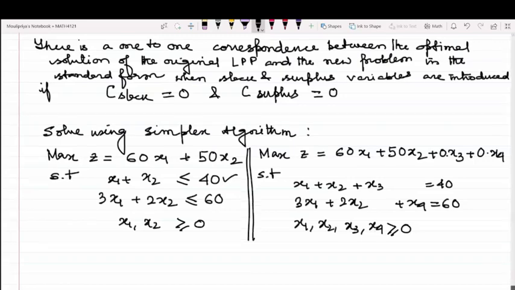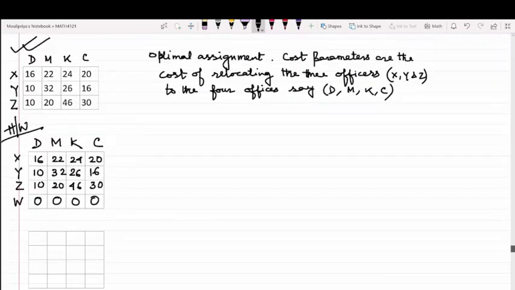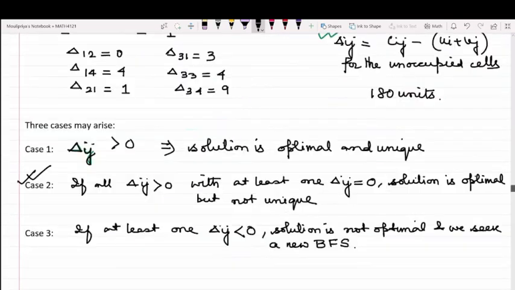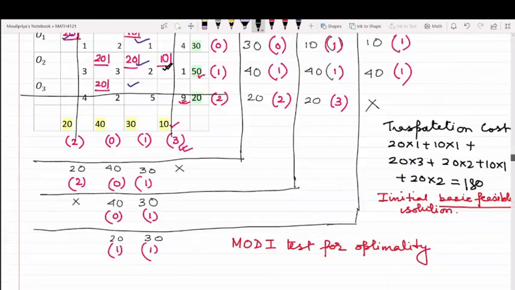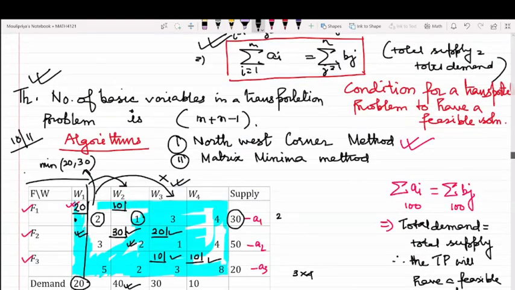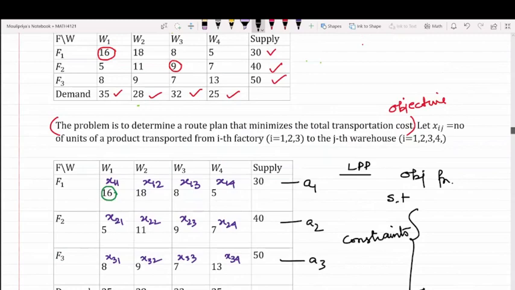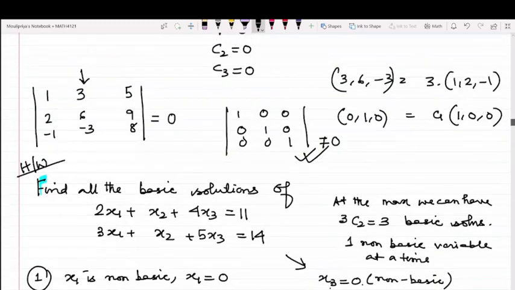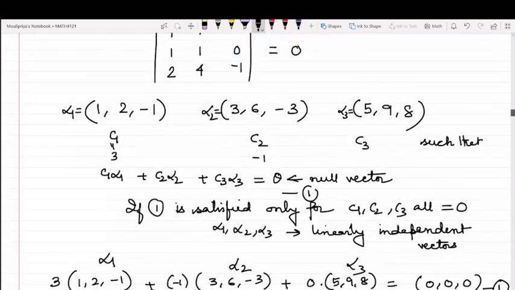Do you want me to scroll up? Where we did this part corresponding to basic and non-basic solutions. Let's get back to this kind of criteria.